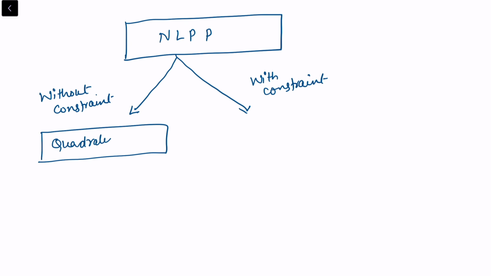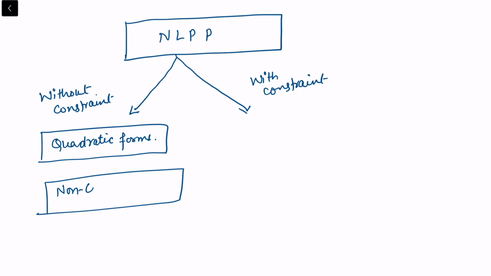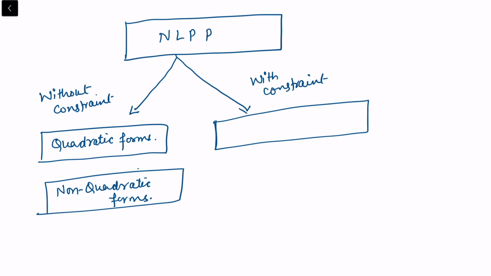Quadratic form I've just explained: each term has to have a total degree of 2. Or it is non-quadratic form. So either we can consider quadratic form or non-quadratic form. For this we will construct the Hessian matrix, and for the quadratic form the Hessian matrix reduces simply to a symmetric matrix.